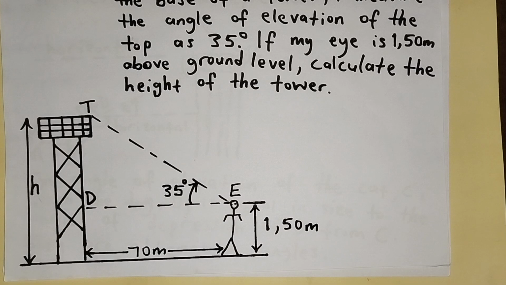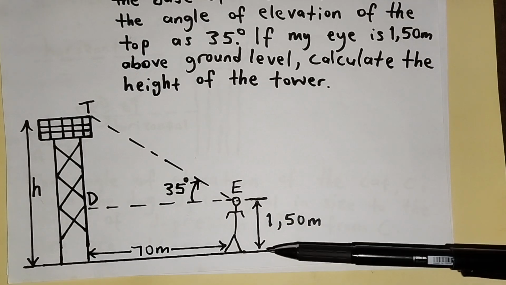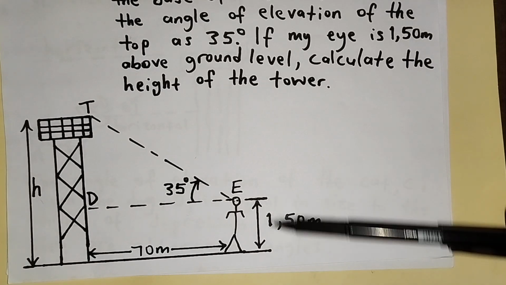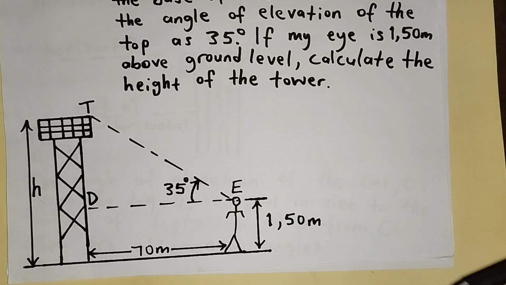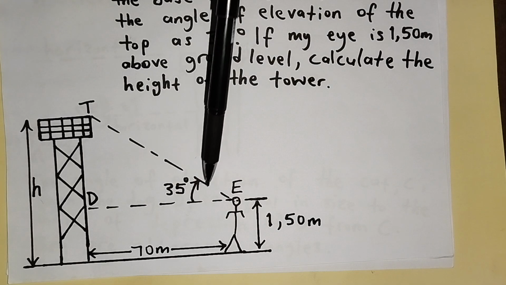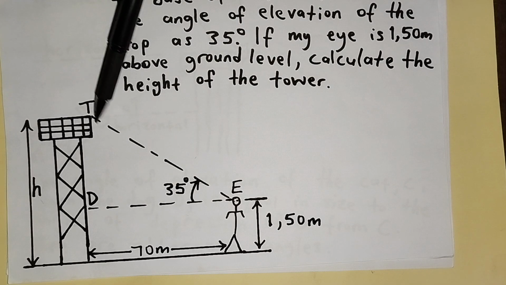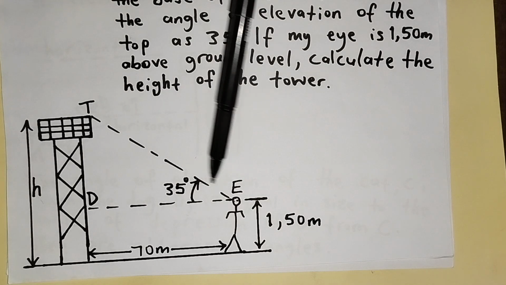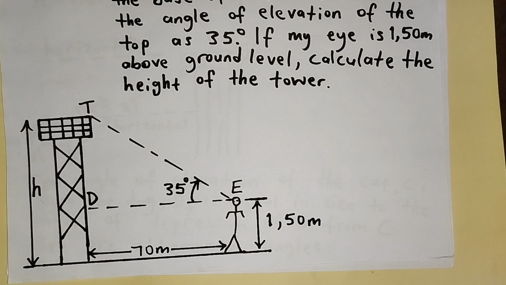But the eye level or the line of sight of this person is 1,5 meters from the ground. So measuring from his eye level, we know that the angle of elevation of the top of the tower T from the eye level E is 35 degrees.